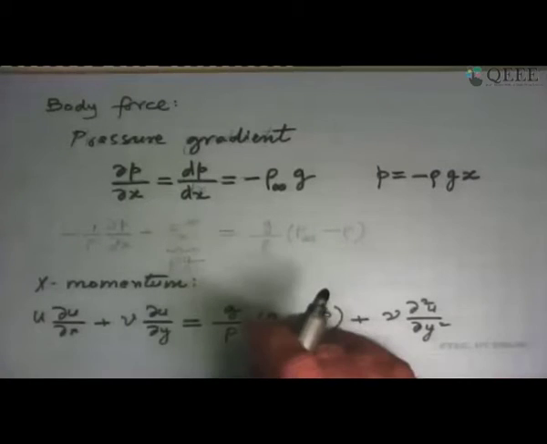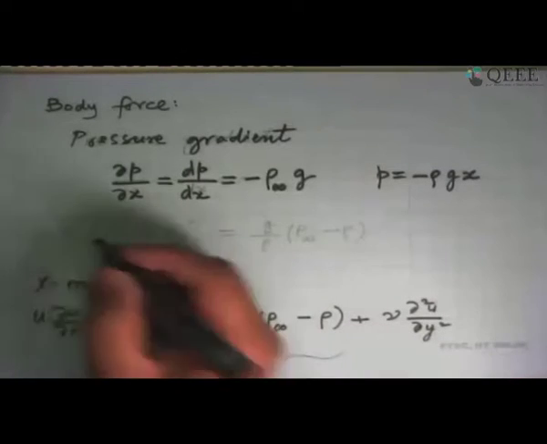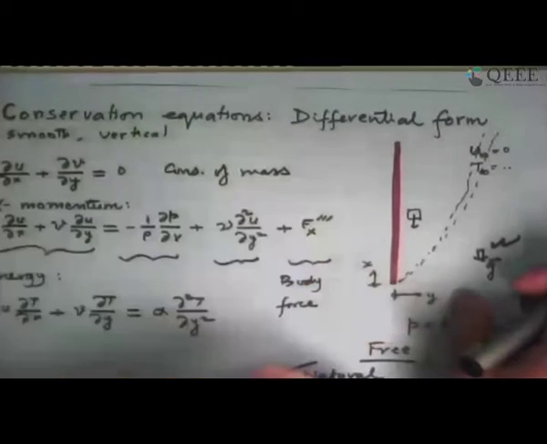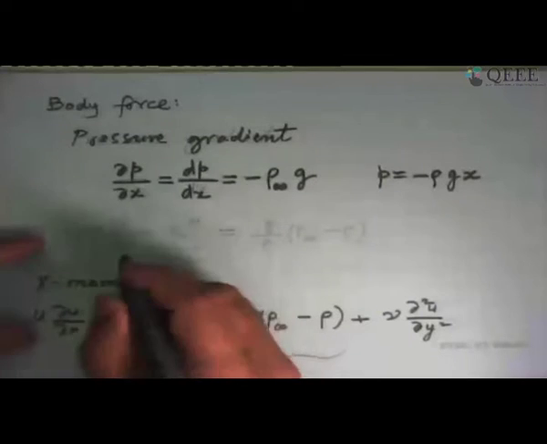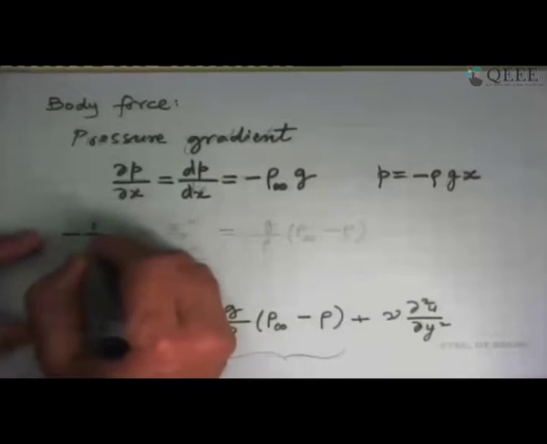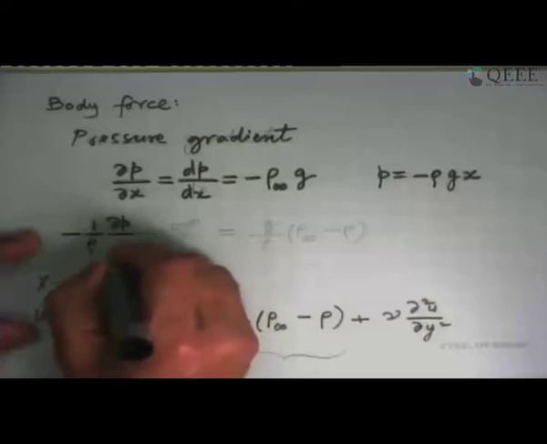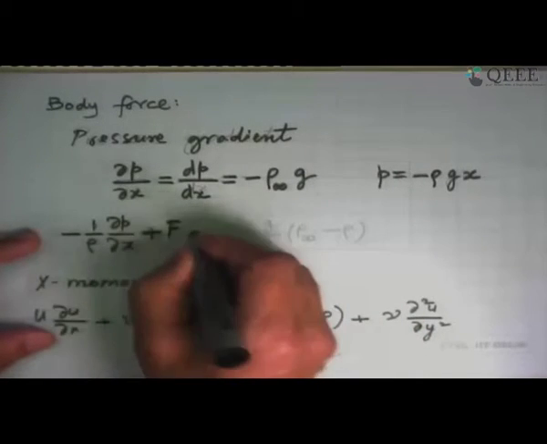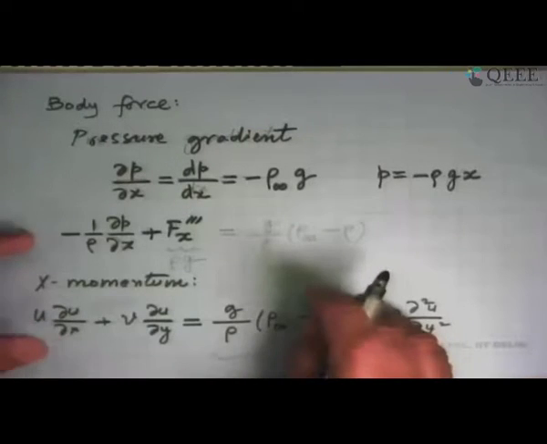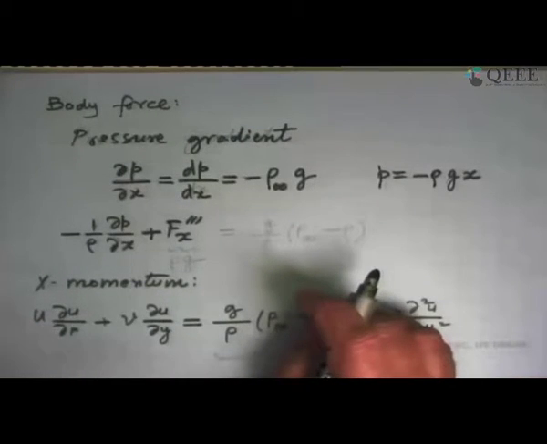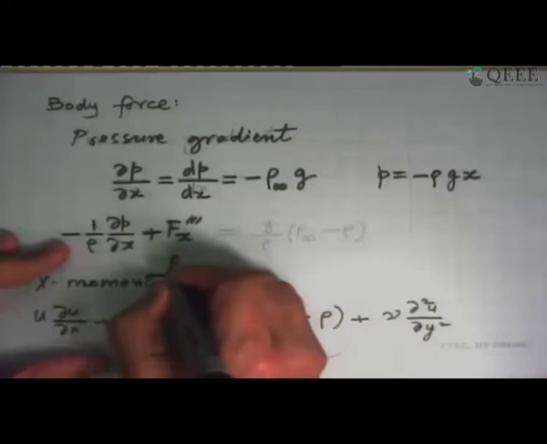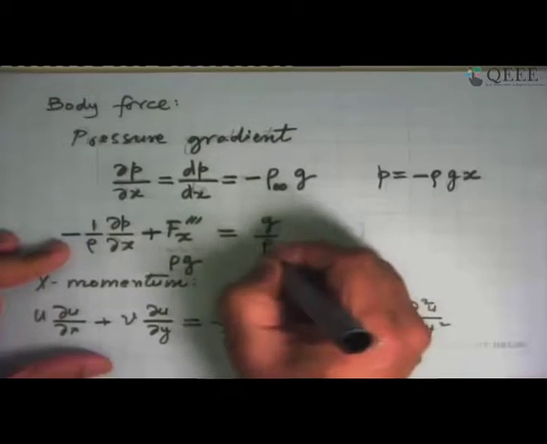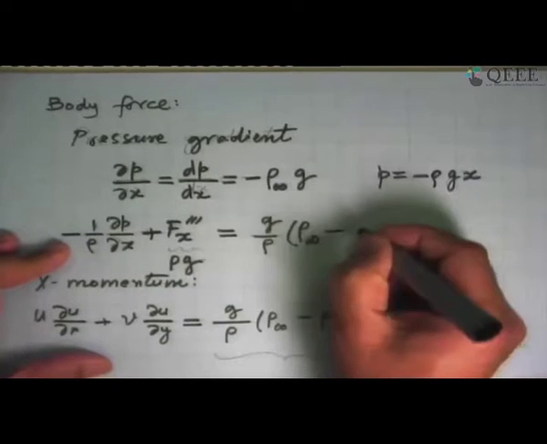And now we combine this with the body force term. In that equation, we had these two terms, this one and this one. So let's pick up these two terms and do a little simplification. The first term was minus 1 by rho dP dx, that we got as minus rho infinity G. And we say, what is the body force acting on that element? It is nothing but mg, density into volume into g. So that is just rho G. And if you combine these two, this becomes G upon rho into rho infinity minus rho.